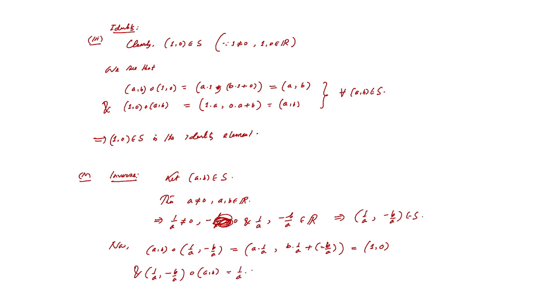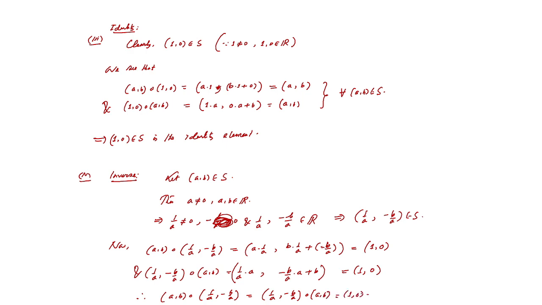Again it will be (1 by A into A, minus B by A into A plus B), according to the definition of composition. Again it will be (1,0). So we get both compositions equal to (1,0).